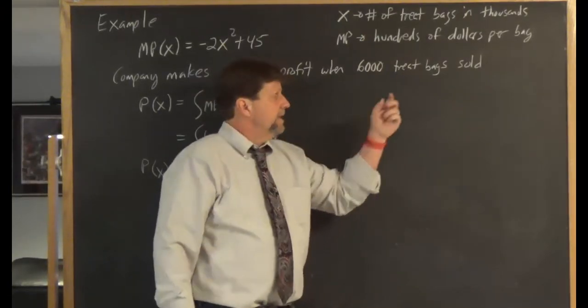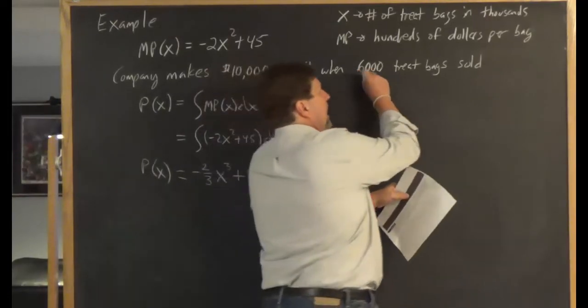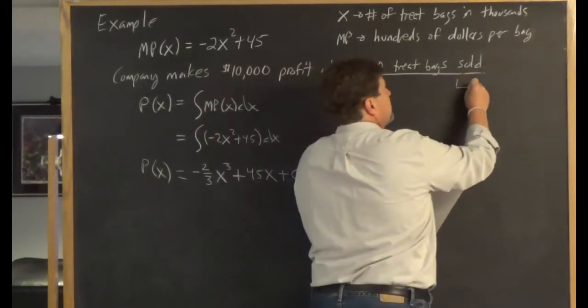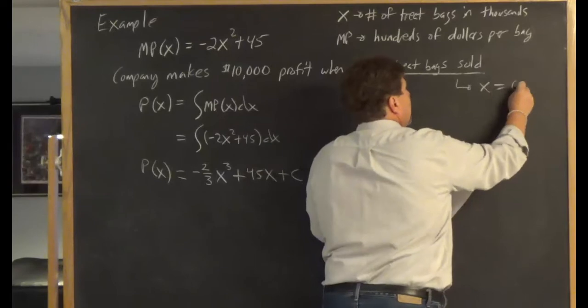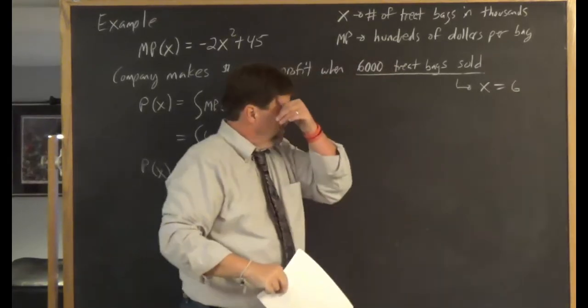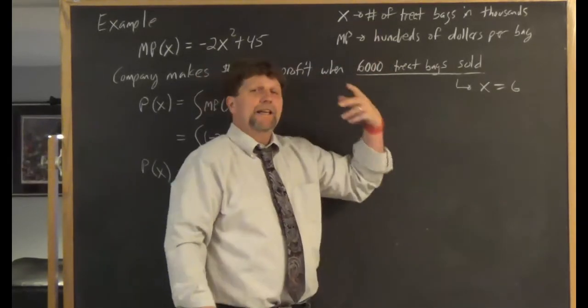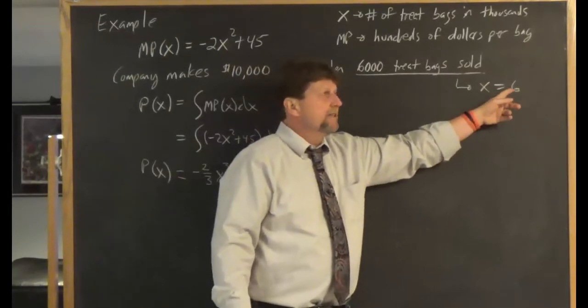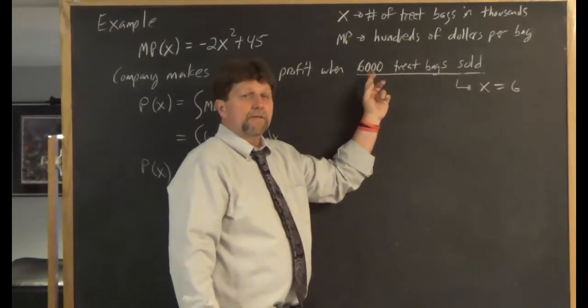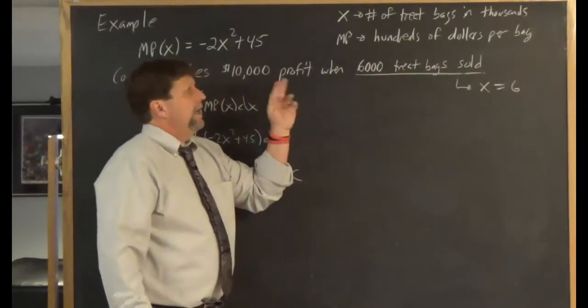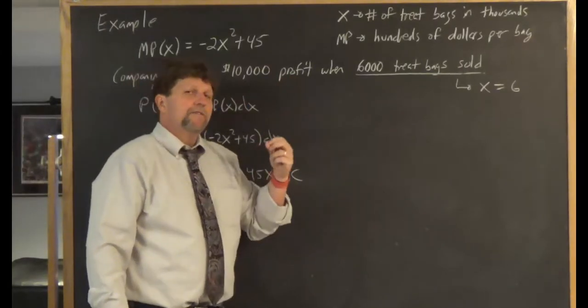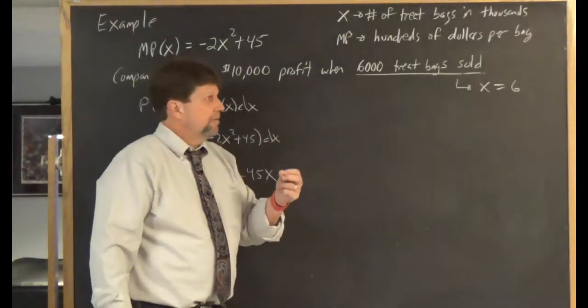So that means 6,000 treat bags sold tells me x has a value of 6. x is in thousands. MP is in hundreds of dollars per bag.